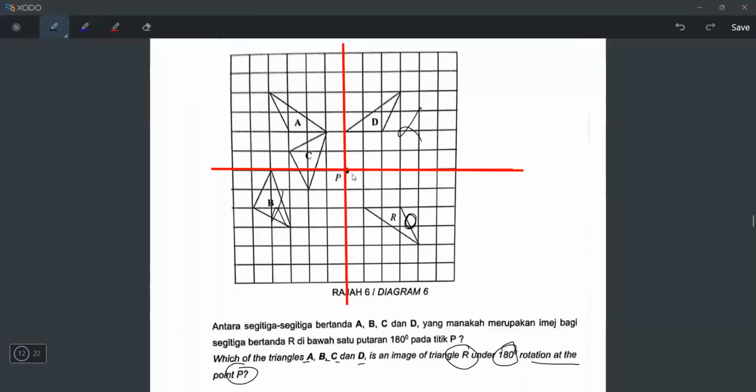You can use the method of counting the boxes. Count how many boxes. From the center to this point is horizontal 1, to the right 1, and then down 2. So to the right 1, down 2. When you rotate, you already know the image is here, so of course it will be horizontal 1, vertical 2 also.